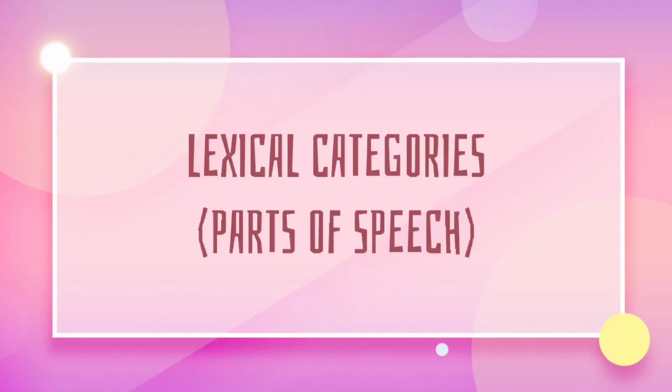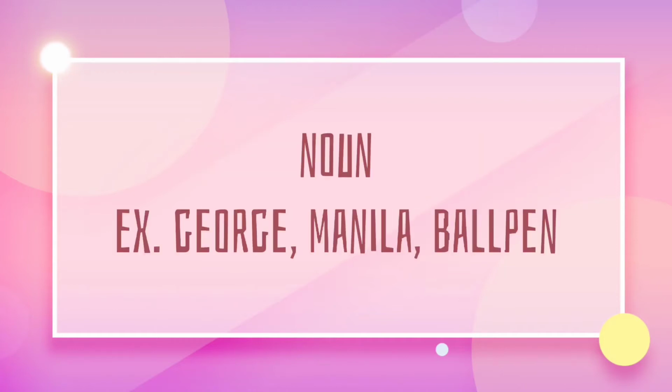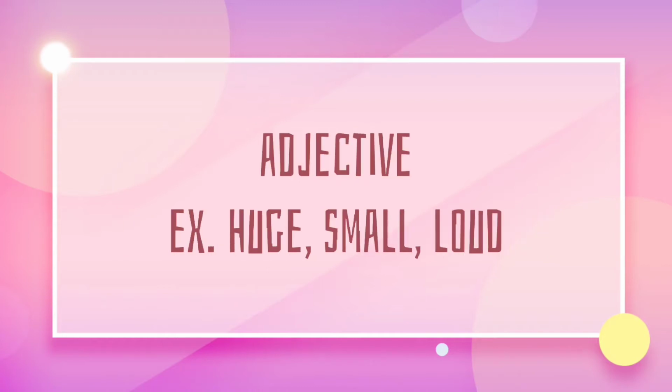So let us have a quick review of the parts of speech. Let us begin with the noun, or basically a name of a person, a place, or a thing, like George, Manila, and a ball pen. The next one would be the adjectives, which goes with nouns since it describes or modifies them.